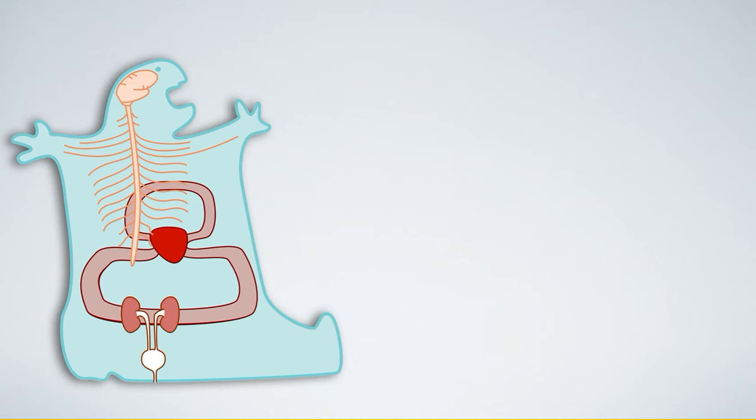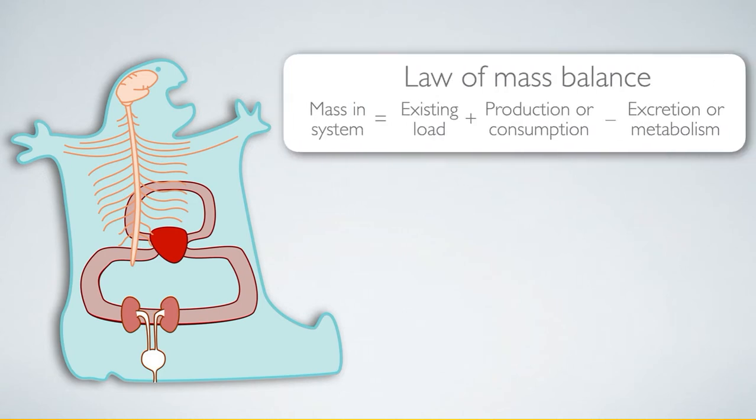Now, when we think about the regulation of substances in the body, it's often useful to think about it as simple arithmetic, and that's articulated by what's called the law of mass balance. So the law of mass balance can apply to really anything in the body.